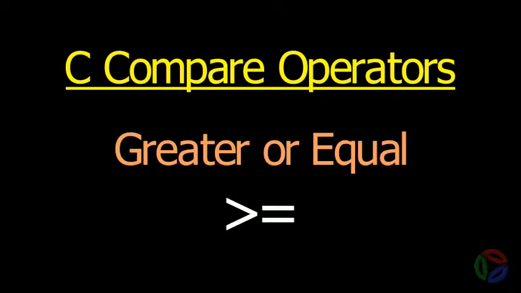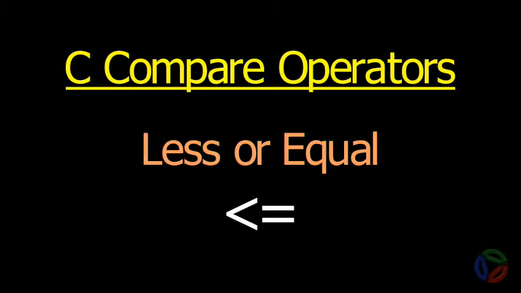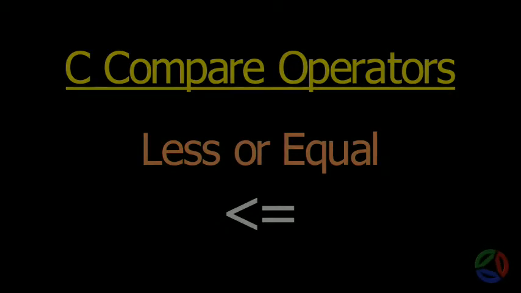In like fashion, the greater than or equal compare operator returns a 1 if the left operand is greater than or equal to the right operand. This operator is composed of the ASCII greater than symbol followed by the equal symbol. The less than or equal compare operator is the counterpart of this operator, and it is composed of a less than symbol followed by the equal sign.